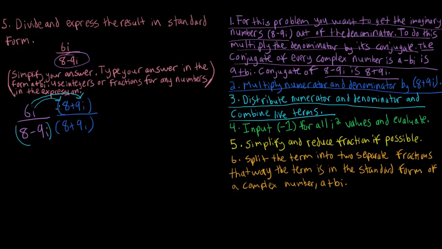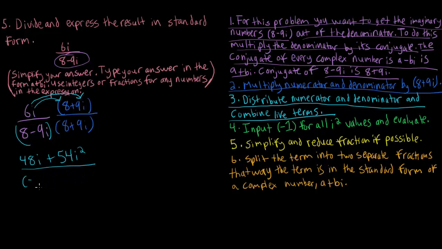But let's start with the numerator. 6i times 8 is 48i, and then 6i times 9i is plus 54i squared, and that's over 8 minus 9i times 8 plus 9i.